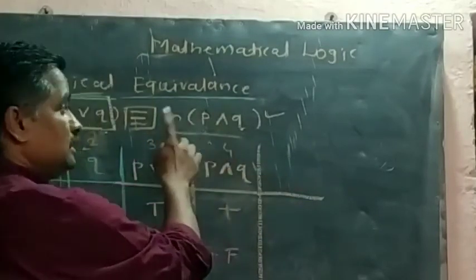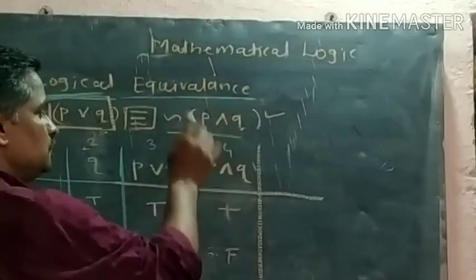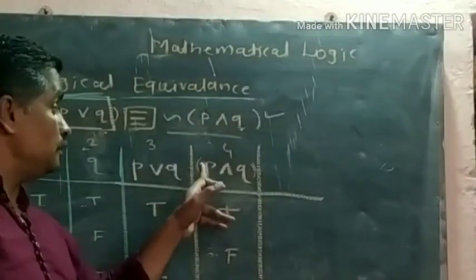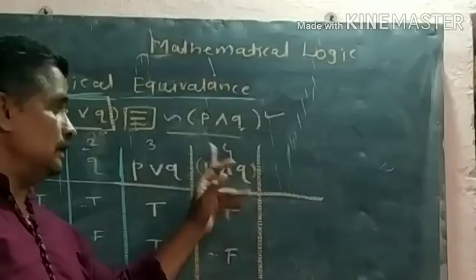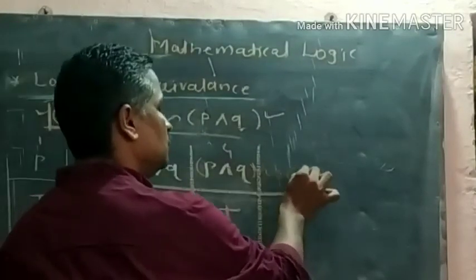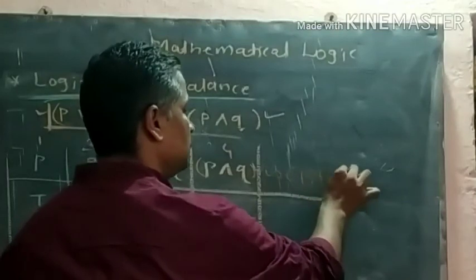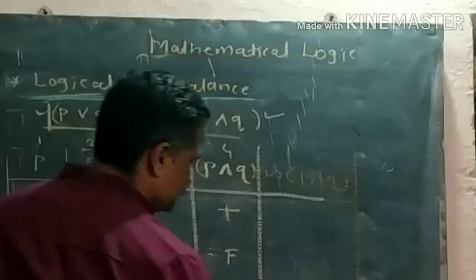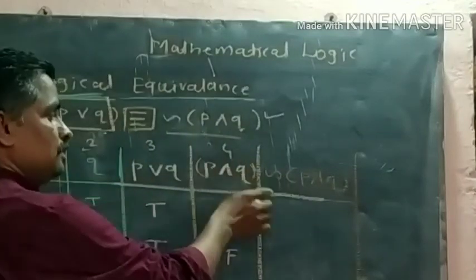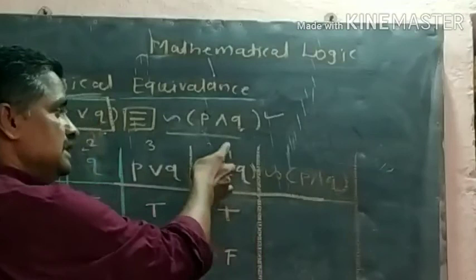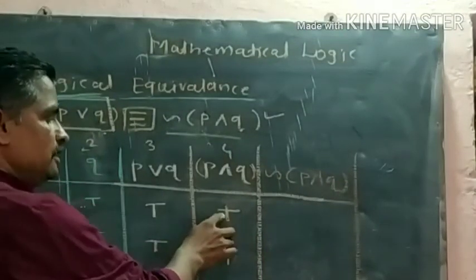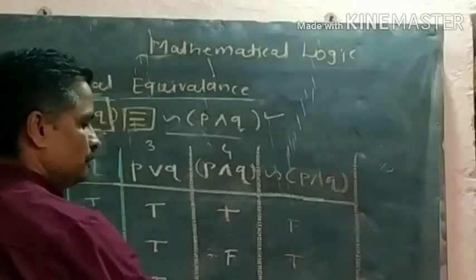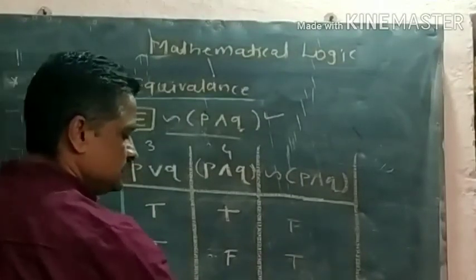We want to calculate negation of P conjunction with Q. First we calculate P conjunction Q, and after this we calculate the negation of this, that means negation of column number 4. T becomes F, F becomes T, F becomes T, F becomes T.